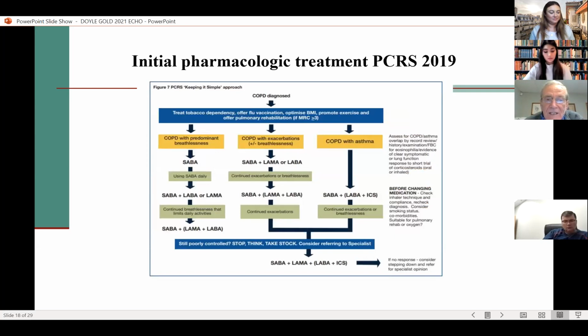This is a different initial pharmacologic treatment put together by the Primary Care Respiratory Society in the UK.